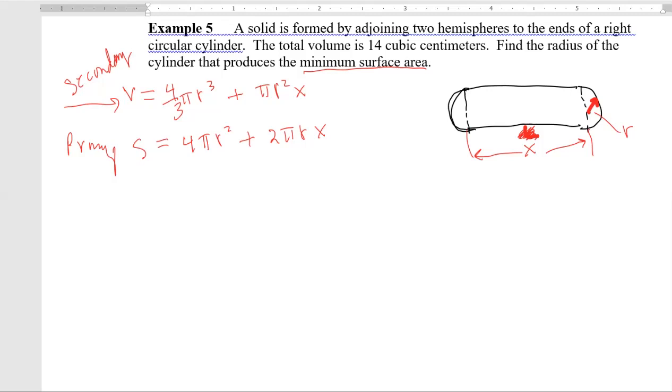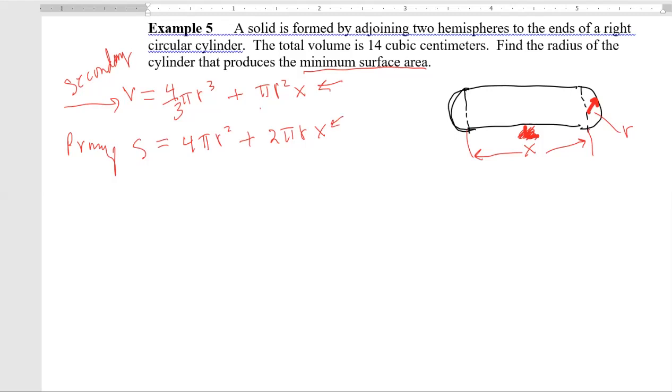Or you could fix this term so that it looks like this term here. In other words, divide out one of these r's and put an extra 2 in there. But that's messy. The point is, we have two formulas here, and you're going to have to solve this one for x. Substitute that quantity in over here for this x.